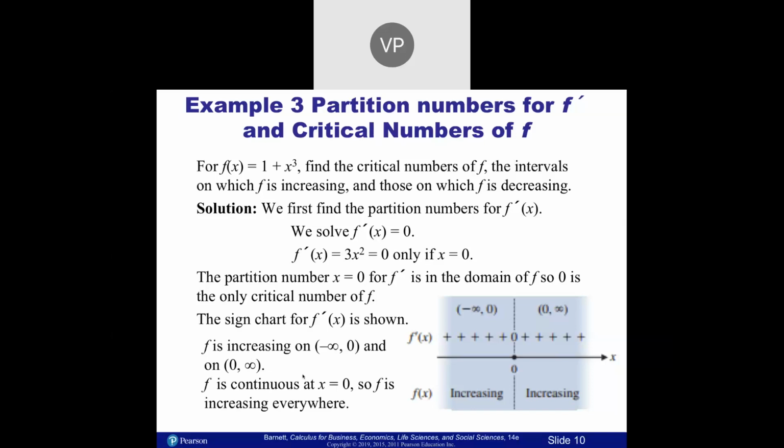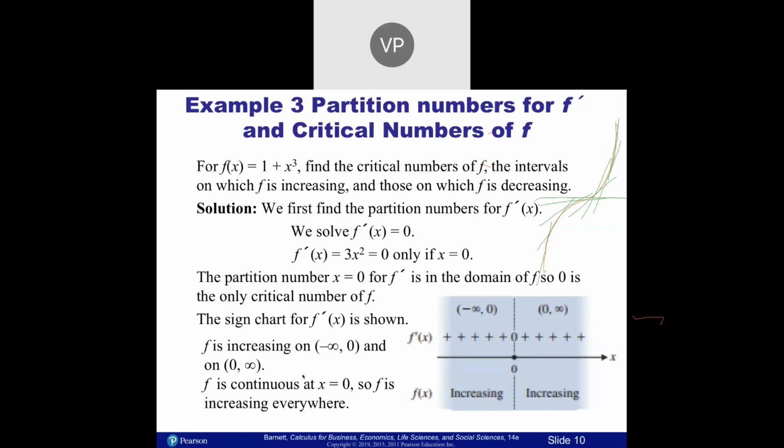They didn't show the picture, but just to point it out, I'll graph this real quick. This is an example of this function right here, our cube function. If I draw my tangent lines, here's a tangent line, tangent line, tangent line, and for a split second we have a horizontal tangent line right here, and then it goes back to positives.